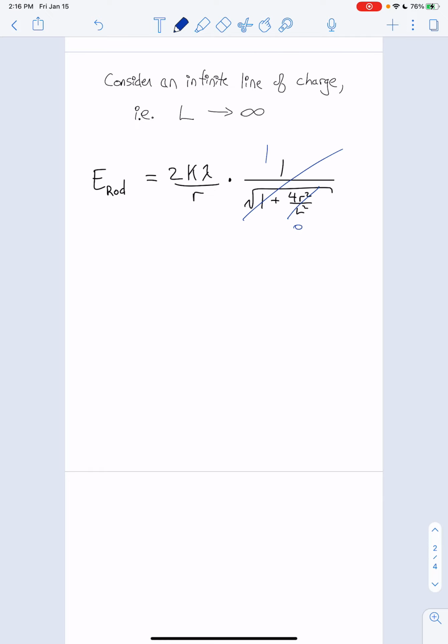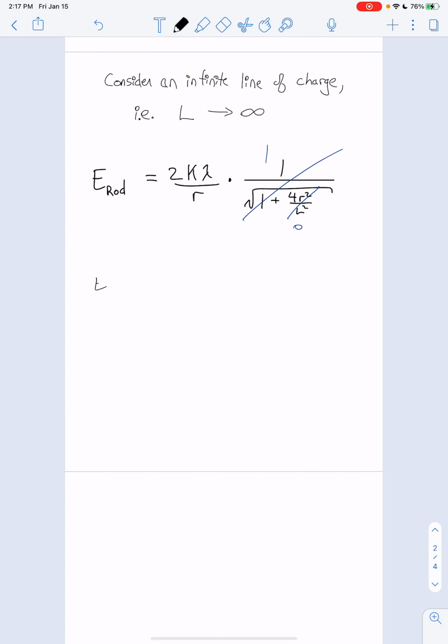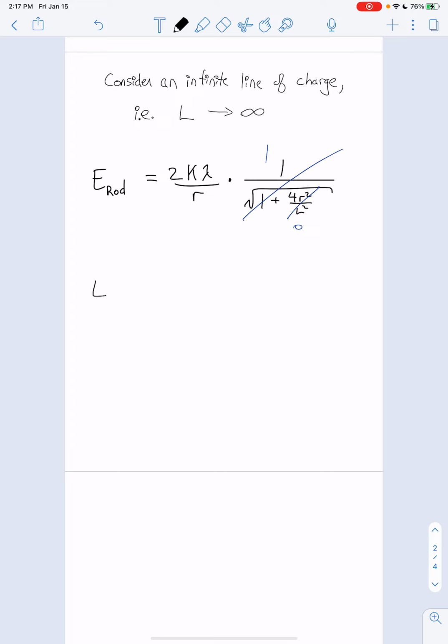So what we're left with is a much simpler expression. The electric field of this infinite rod, or infinite line of charge, is going to be equal to 2k lambda over r.